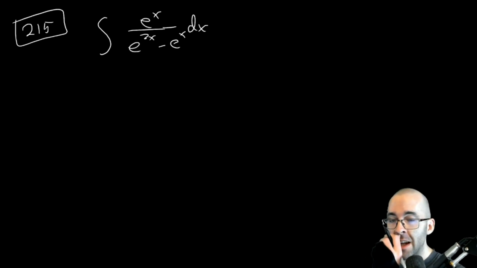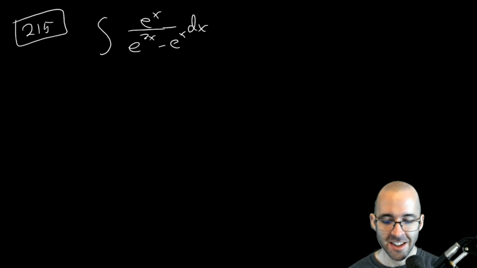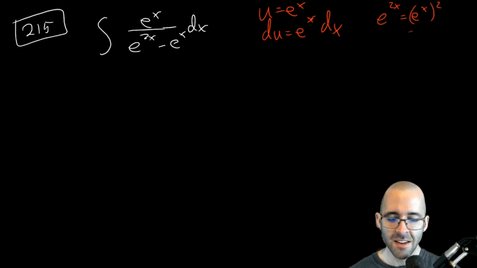We have a bunch of exponentials, and the derivative of an exponential is itself, which we have up there in the top next to dx. If u is e to the x, du is e to the x dx, which is great, because we have that. And just as a side note, remember that e to the 2x is e to the x squared. So that'll be u squared here.